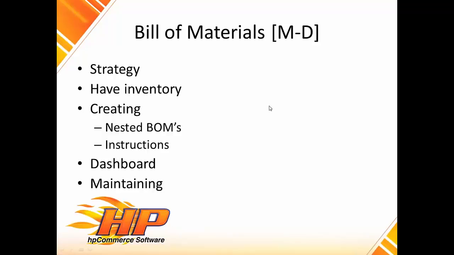You can also have nested bill of materials. What this means is that if you are a manufacturer that creates sub-assemblies and then you use these sub-assemblies to create a higher level of assembly, and then those higher level assemblies all get bundled together to form the finished product, you can build a bill of material that has all of this nesting in it.